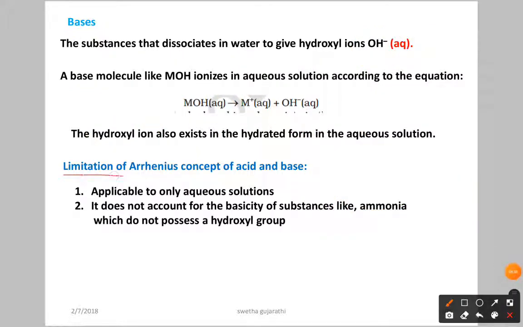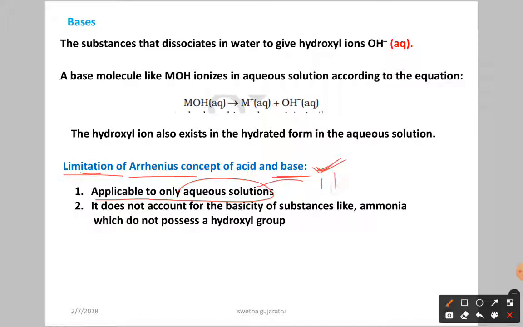Now, the limitations of the Arrhenius concept of acids and bases: according to Arrhenius, you cannot explain acids and bases completely. Let us see the limitations. First, it is applicable only to aqueous solutions.